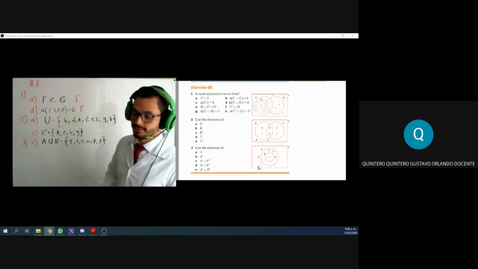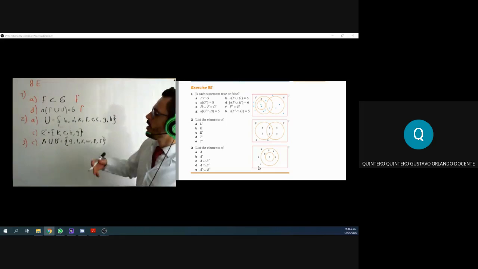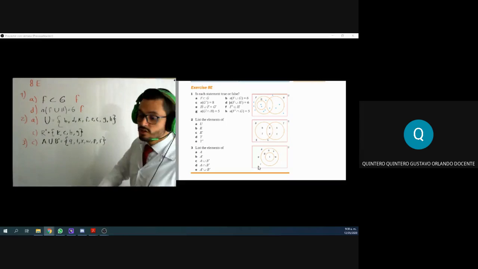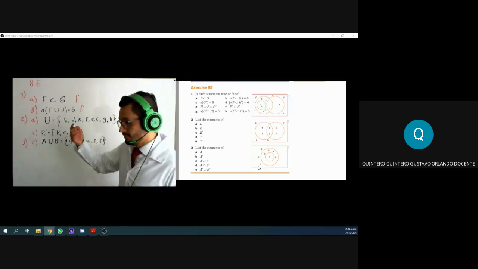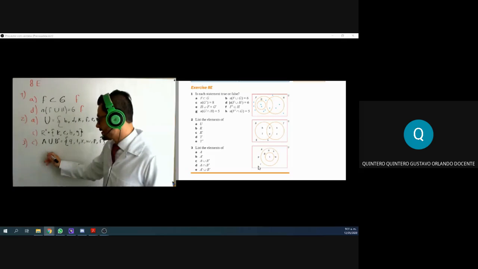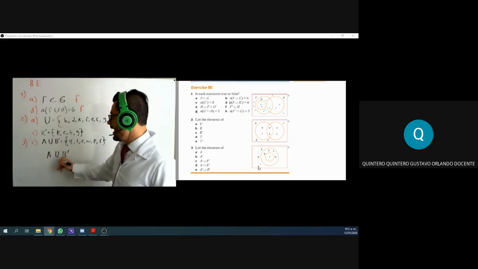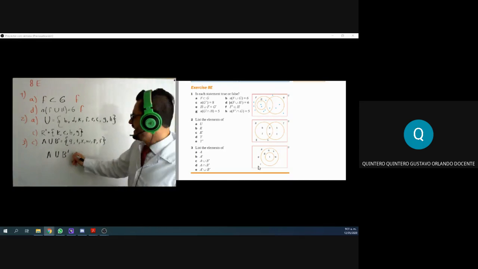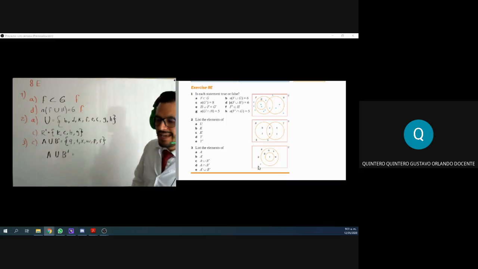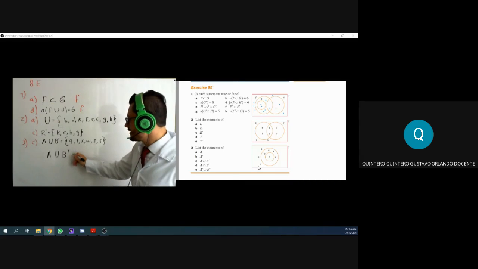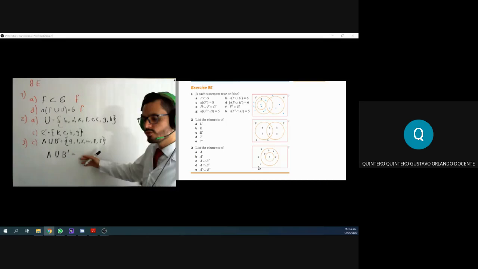That one was interesting. Now, after you've done things like this, you can say something like: the union between A and the complement of B is equal to one set. I am not going to open or close any brackets.